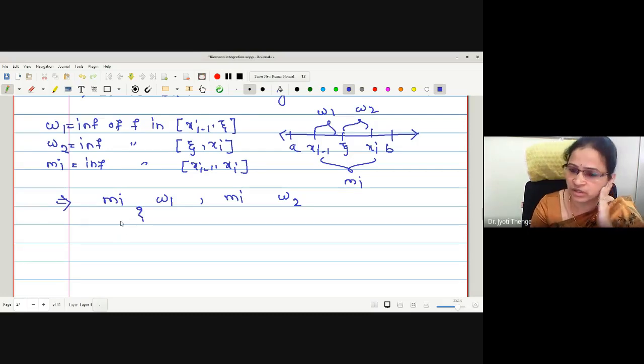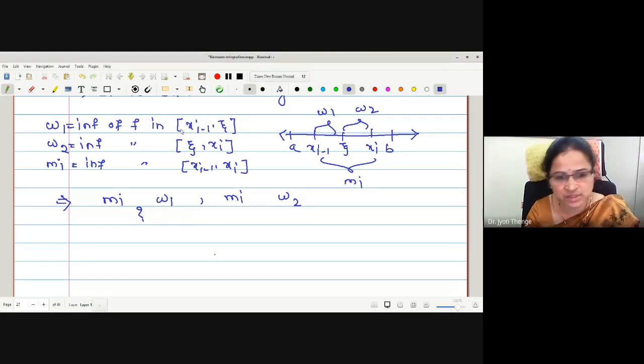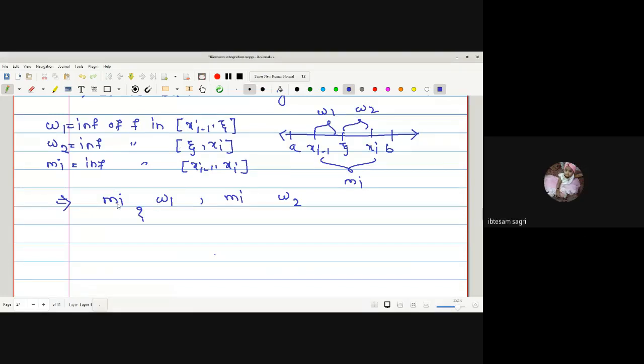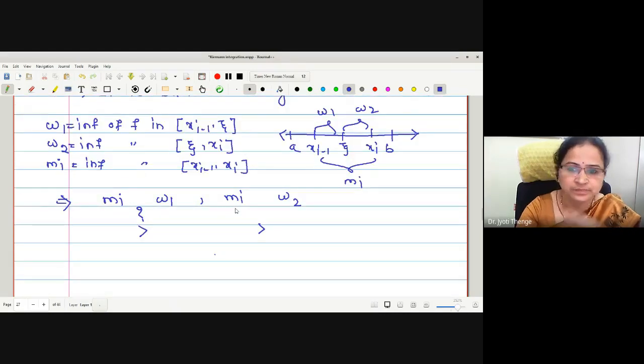Less equal, greater equal, exactly equal? Mi is greater than W1, strictly greater than, and Mi is also strictly greater than W2. Okay, you are saying strictly greater. Is everyone in agreement with this?